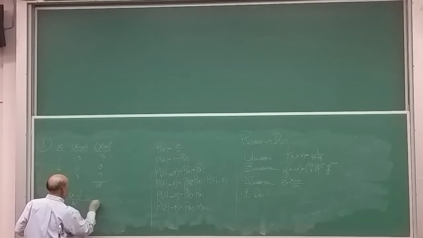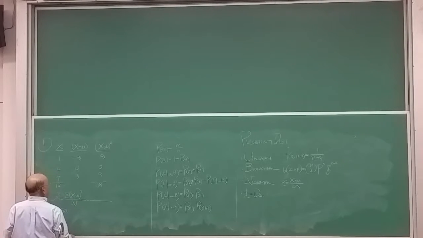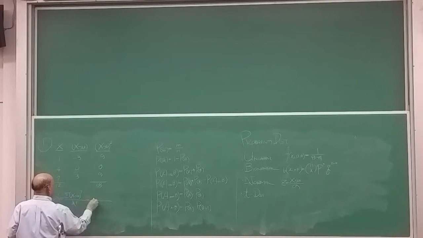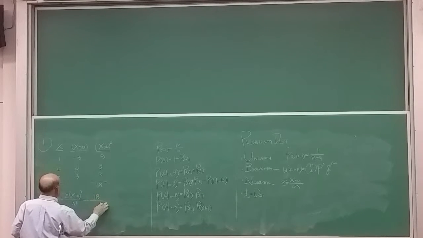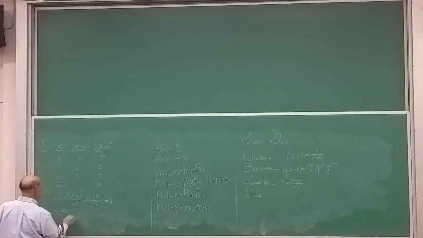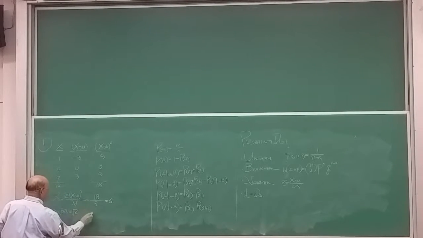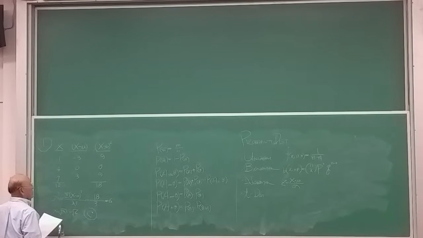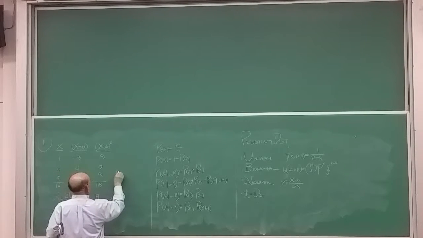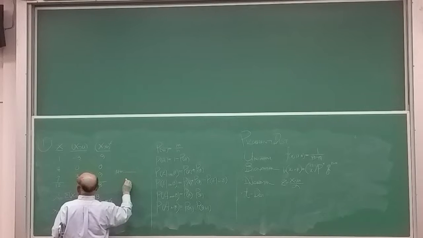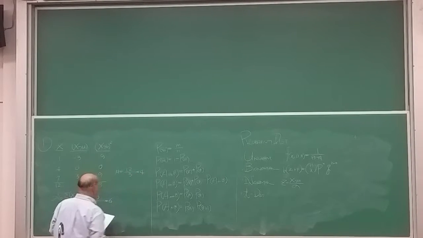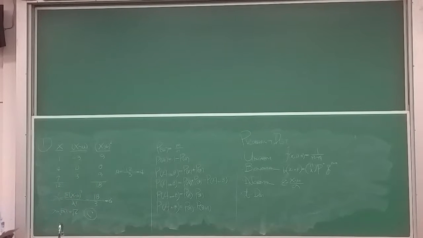So 18 divided by 3 is 6. So square root of 6. That's the answer. So C is that. Very straightforward.